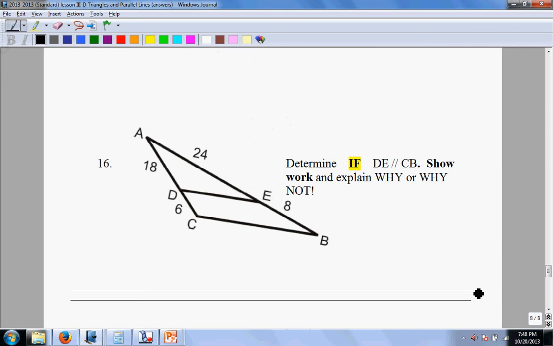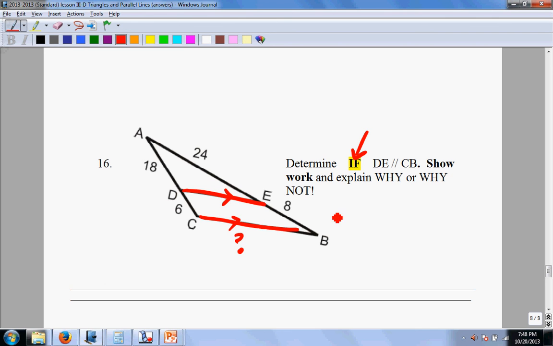For this last one, we want to determine if. Notice it's if, don't assume. It's if DE is parallel. So I'm going to make the parallel and then put a question mark. We're going to show work. You want to ask yourself whether or not they're parallel.